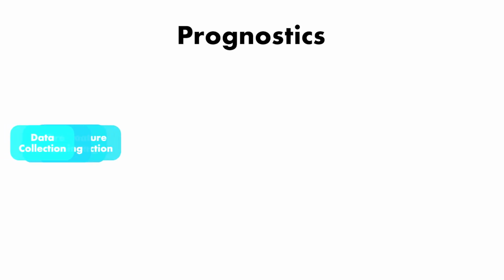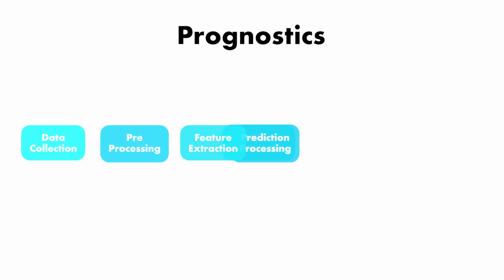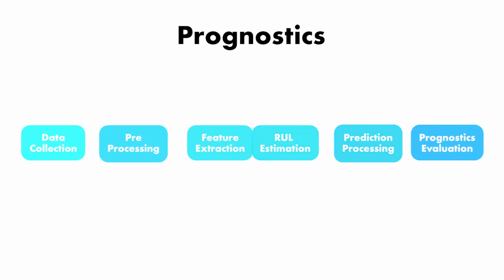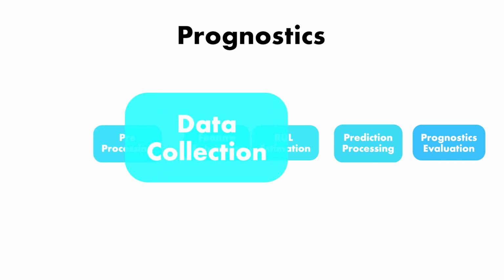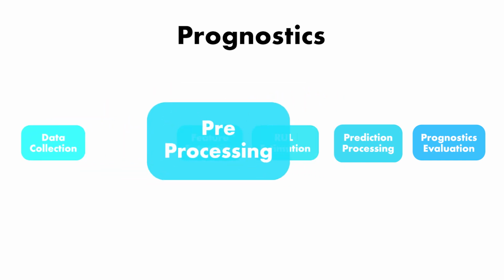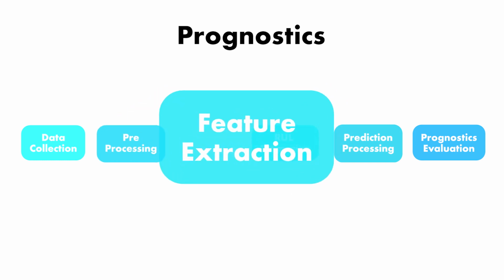Prognostics is a process that has many sub-steps according to the author or according to the modeling approach. But I'll give you the major steps here. So first we typically start with data collection. Then if the data has low quality or it's not as we want, we do some kind of pre-processing. And then we extract features from it.